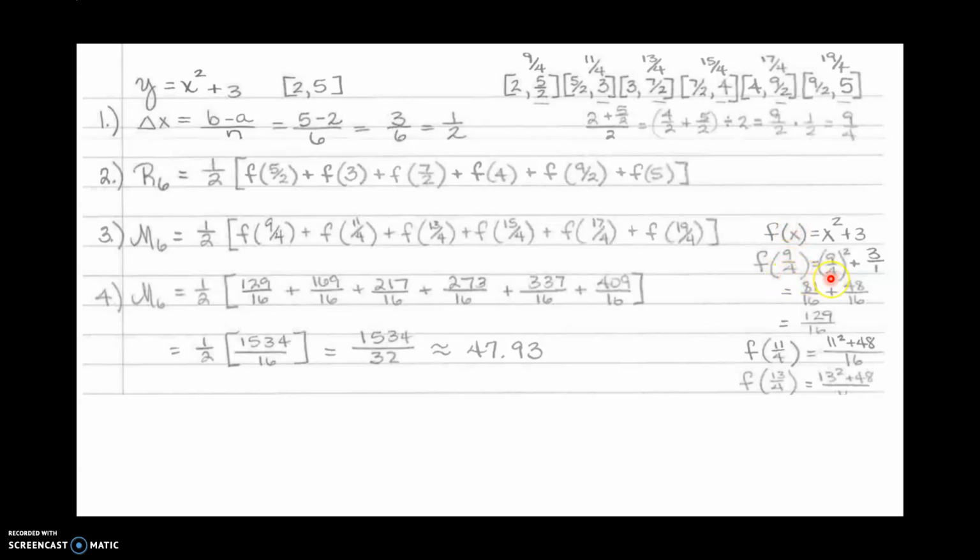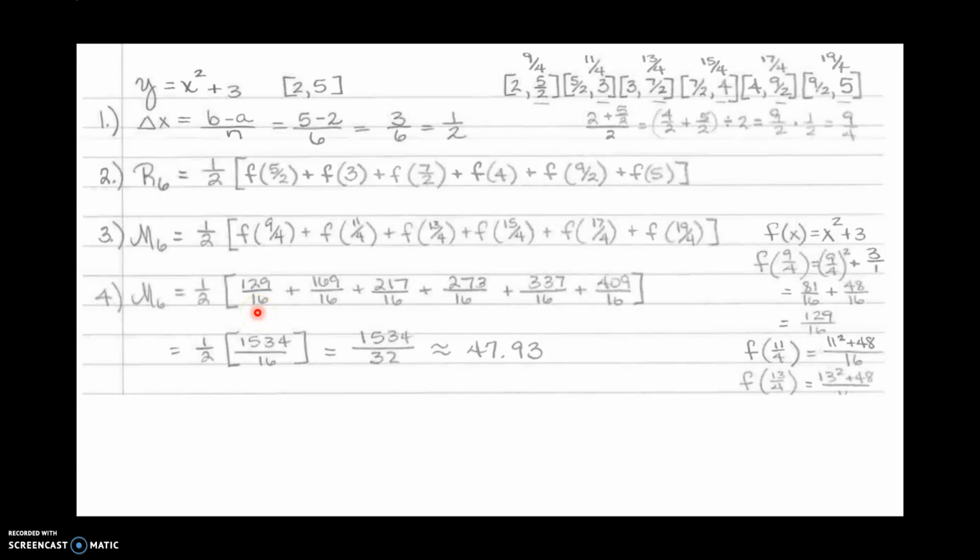So that would be 9/4 squared plus 3. 9/4 squared is going to be 81 over 16. And if I'm going to add these two, I just rewrote 3 with a common denominator of 16 to make it easy to add them. So then I could say 81 plus 48 is going to be 129 over 16. So there's our guy right there, 129 over 16.